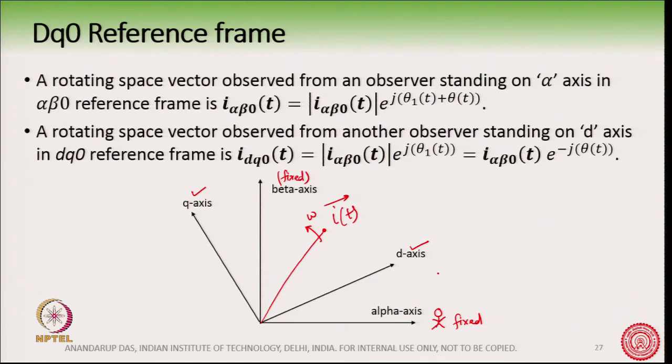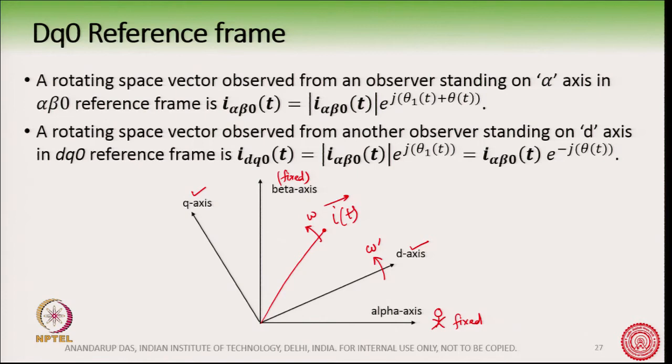The point here is that this d axis and q axis are not stationary, they are rotating, and they may rotate at a different speed than the rotating space vector.